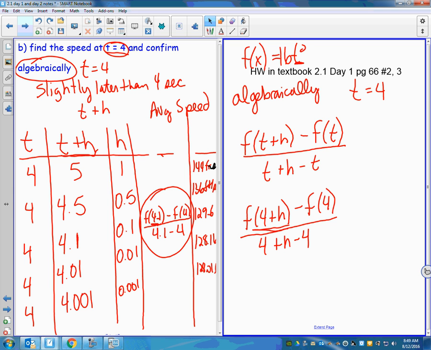I can just replace t with 4 plus h, and that would be 16 times 4 plus h squared minus f of 4. I'm just going to show my work on this one, but you can go ahead and work it out if you want. I'm just going to say 16 times 4 squared. And on the bottom, 4 minus 4 is 0. Do you agree that I just get h on the bottom?